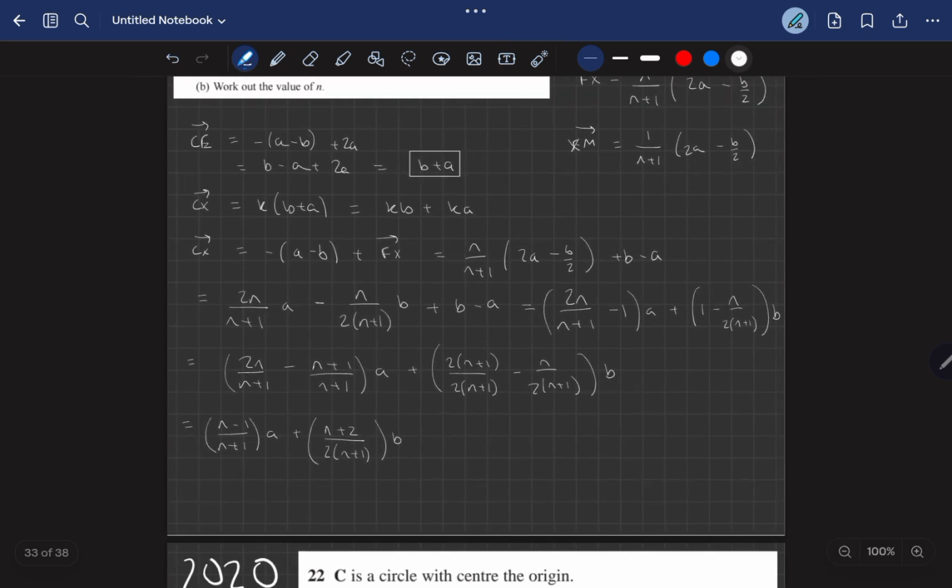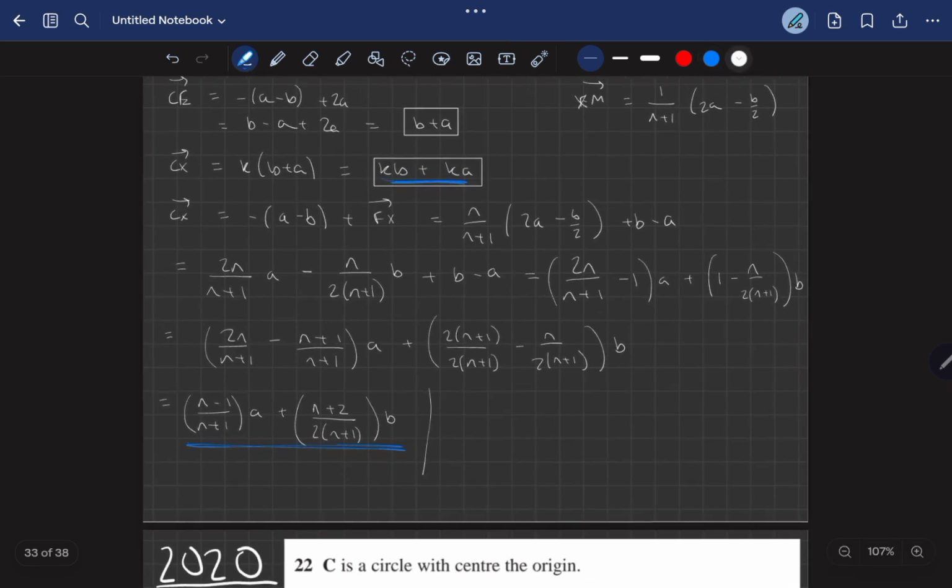Now we found what CX is, and CX is this. However, from earlier, we also know that CX is this. So we can just match up the coefficients. Because it's just k and k, (n minus 1) over (n plus 1) is equal to k, and (n plus 2) over 2(n plus 1) is also equal to k. So we can equate these two together.